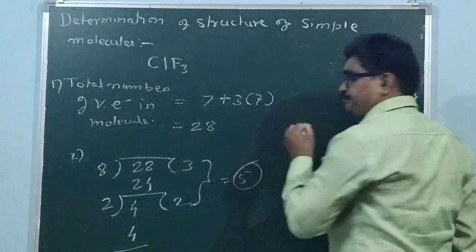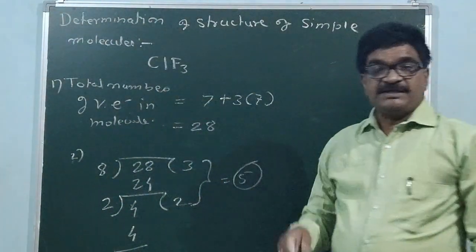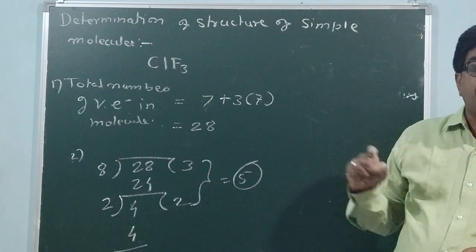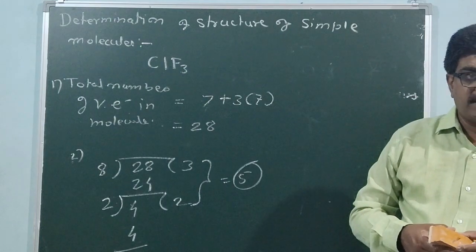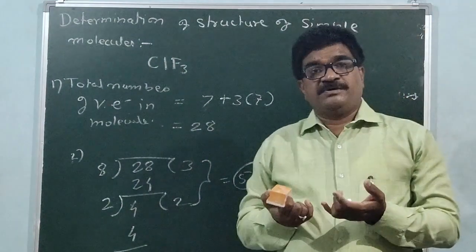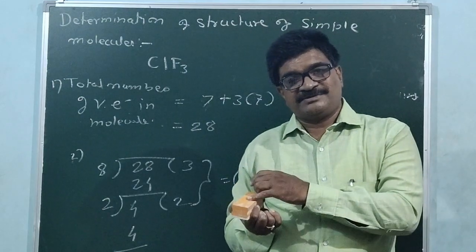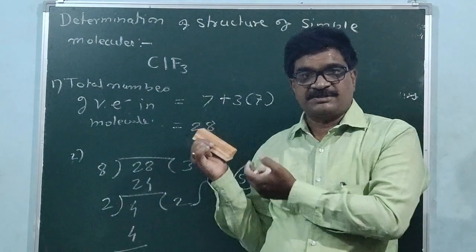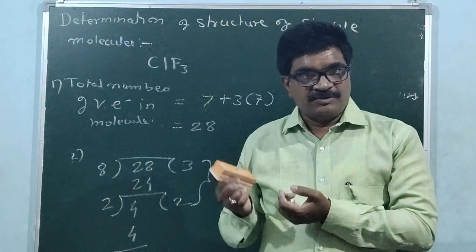In the case of ClF3, the central chlorine is surrounded by 5 electron pairs. Then the next step is to determine the number of bond pairs and the number of lone pairs, as we have discussed in earlier examples. Did you get my point?